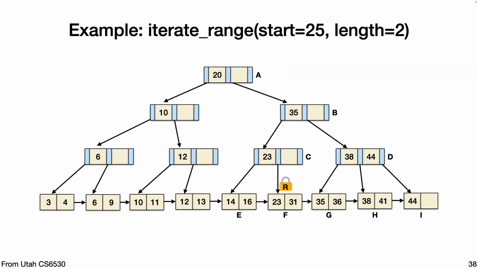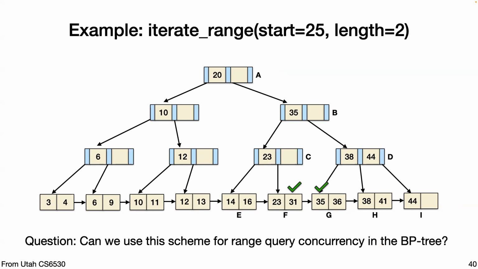You get to the leaf and you start at 25, but there is no 25, but this is the correct leaf that it would have been in. And then you do your range query and you step over to the right one, still in read mode. And then you complete this with two elements. And the question is, how do we modify this for range query concurrency in this BP tree?